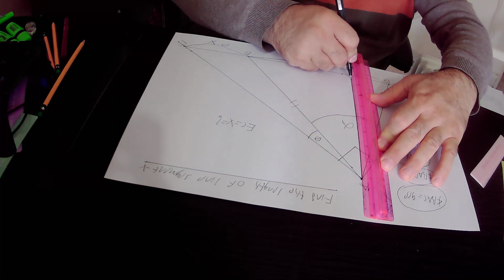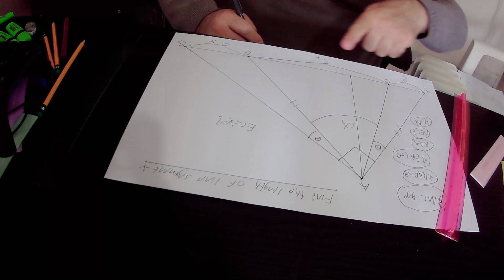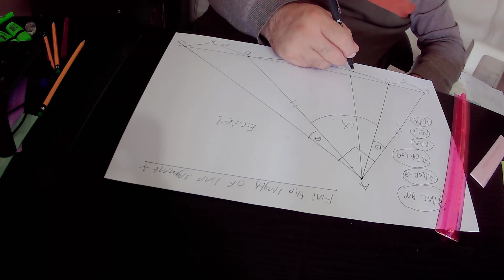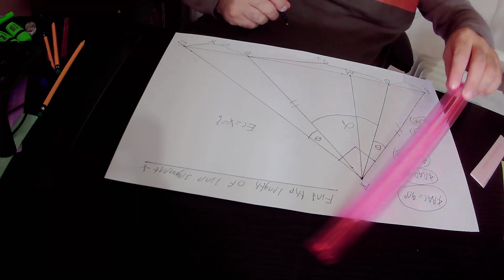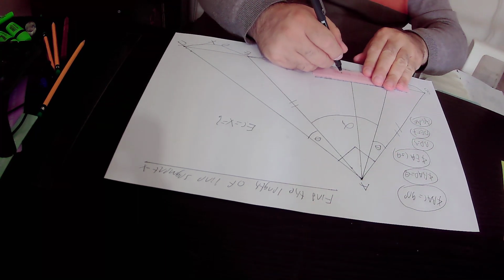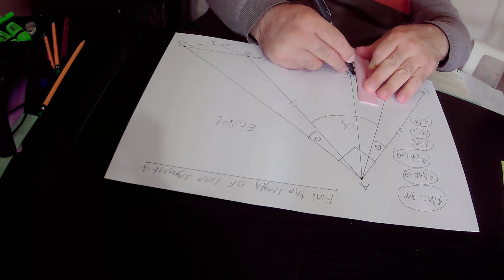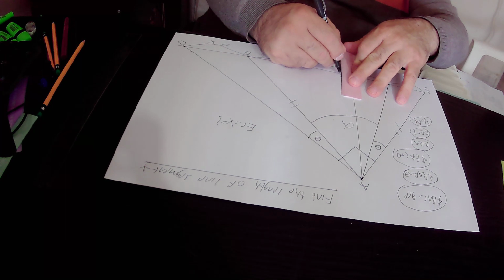We will define the touching point of the perpendicular from point A to BC as M. So this angle is equal to 90 degrees, and this angle is also equal to 90 degrees.